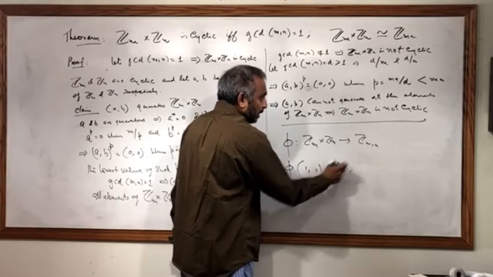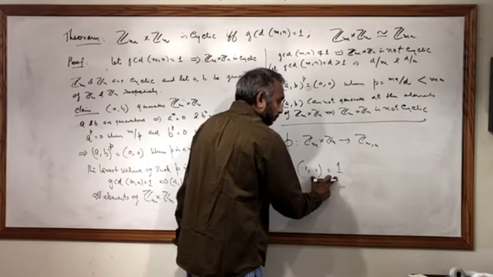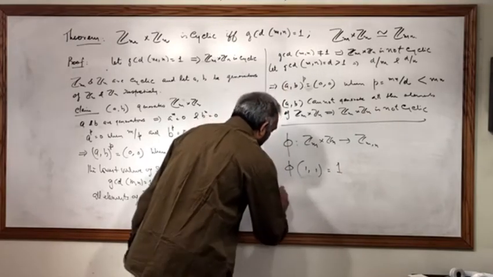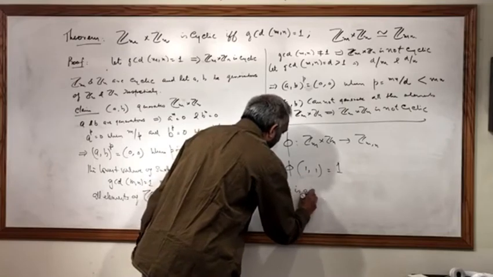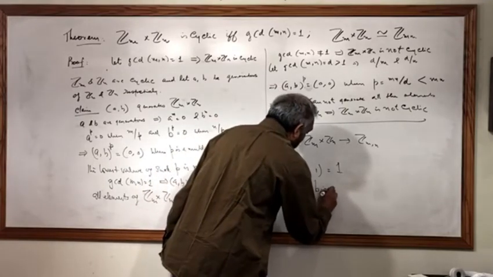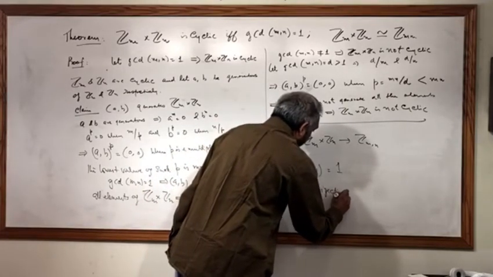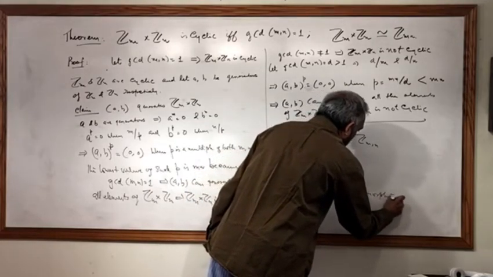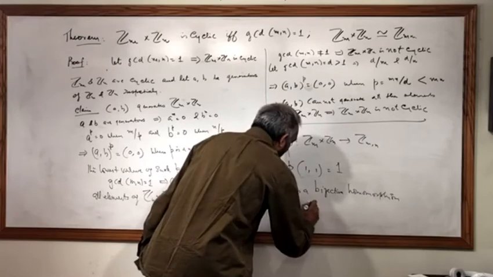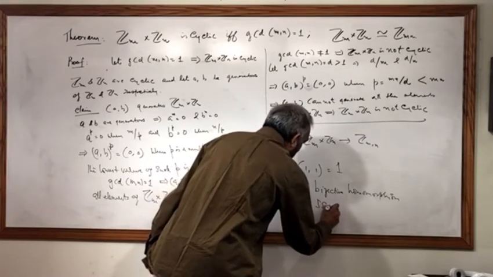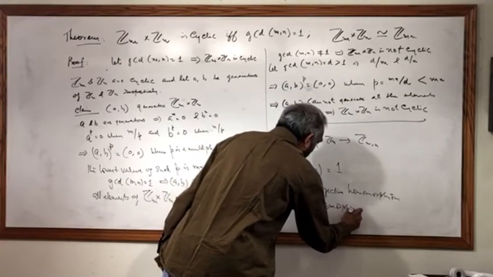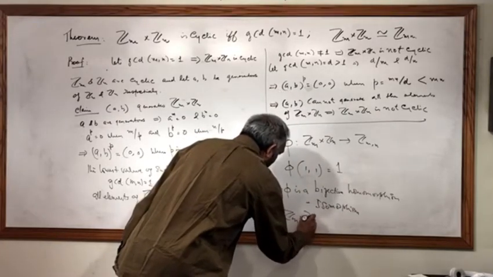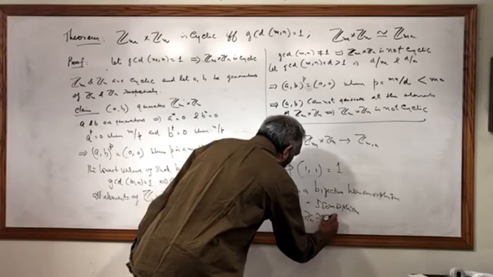When this is a generator of this, that means this is an onto and bijective mapping. So here phi is a bijective homomorphism, or is an isomorphism, and that implies Zm cross Zn is isomorphic to Zmn.